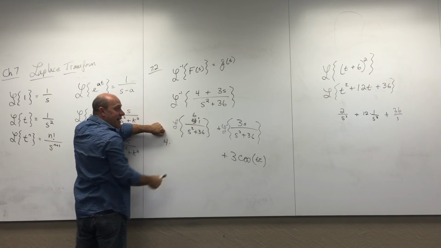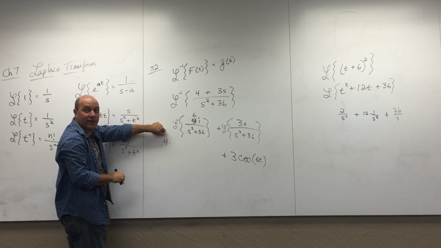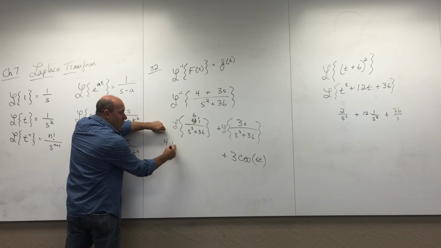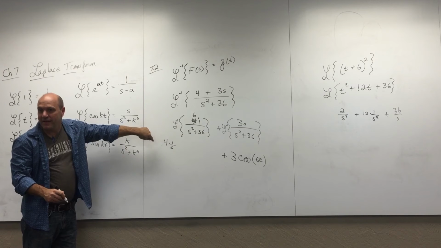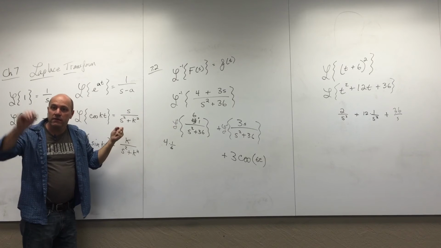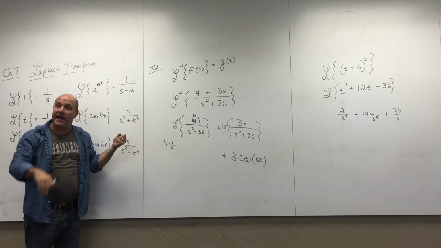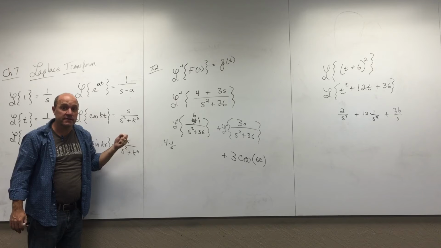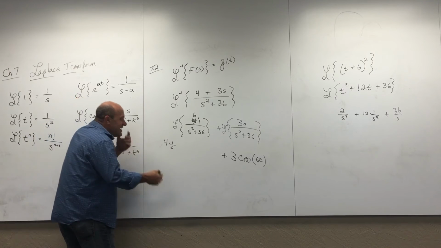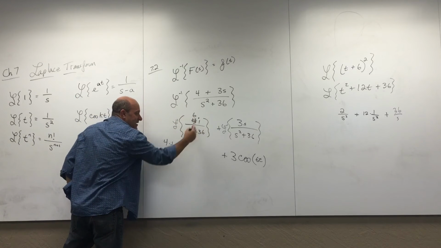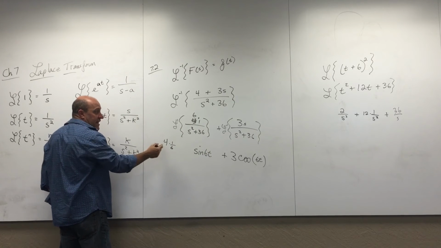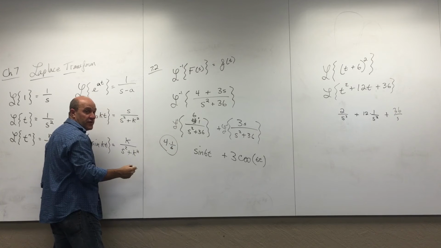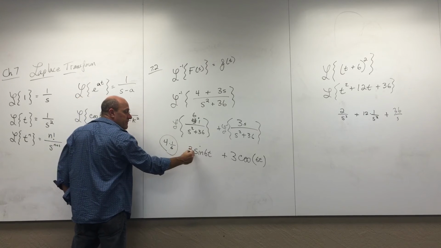But I can't just multiply by a 6 unless I go out front and multiply by 1/6. The 4 is out there too, by the way. I pulled the 4 out of my way, put the 6 up there, as long as you multiply out front by a 1/6. So what's the final answer? I've got the 6 up there, so I do have a sine 6t, and what's out front is 4/6, or 2/3.